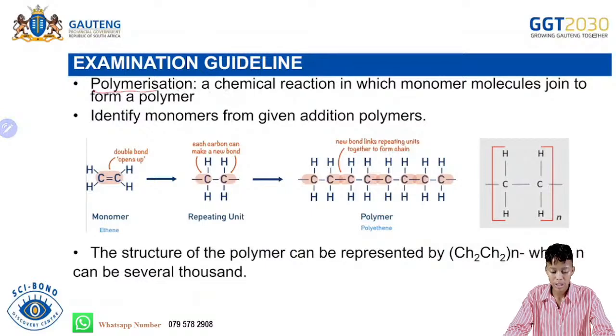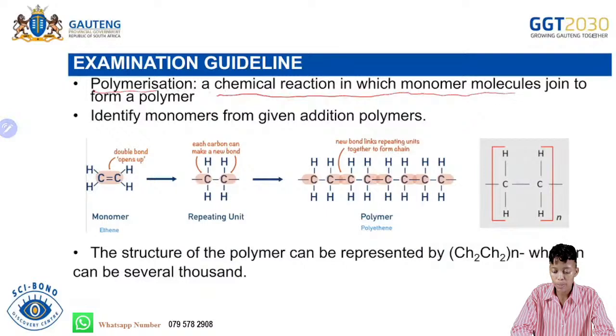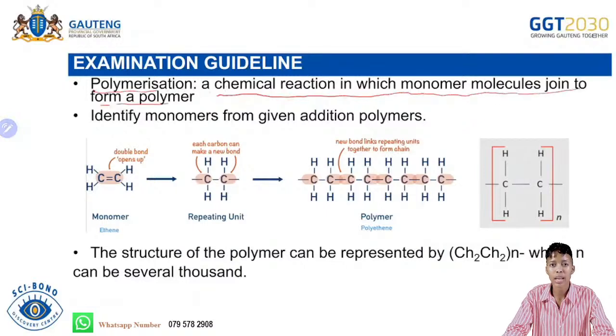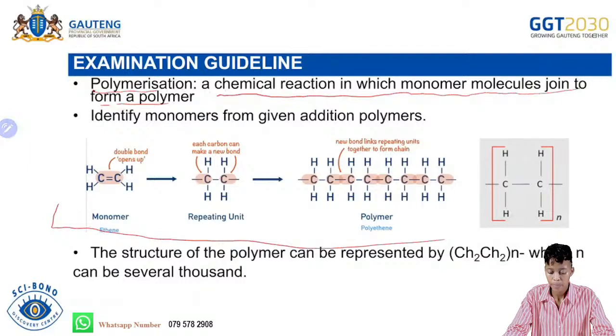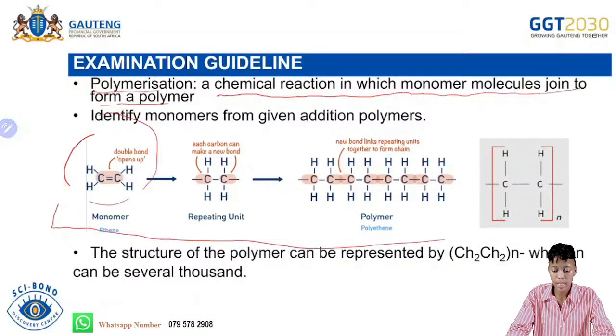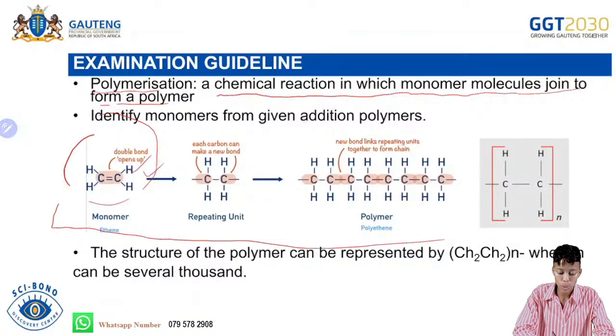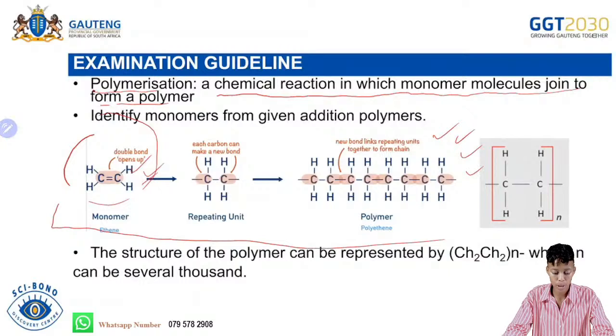So polymerization, it says a chemical reaction in which monomer molecules join to form a polymer. So it would be a chemical reaction in which these monomer units are going to join to form what? To form a polymer.